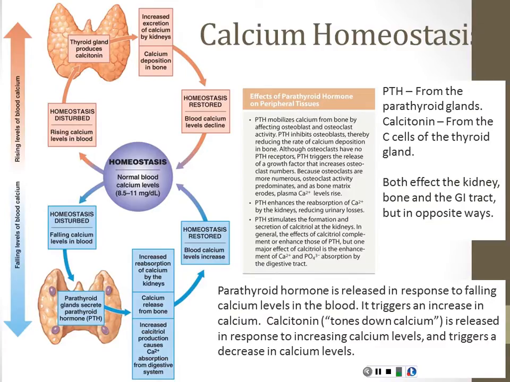We're going to see those terms in other cells. Osteo is bone, so osteoblasts are bone-making cells, and osteoclasts are bone-destroying cells.